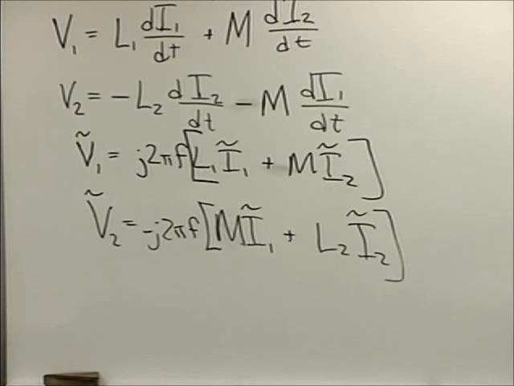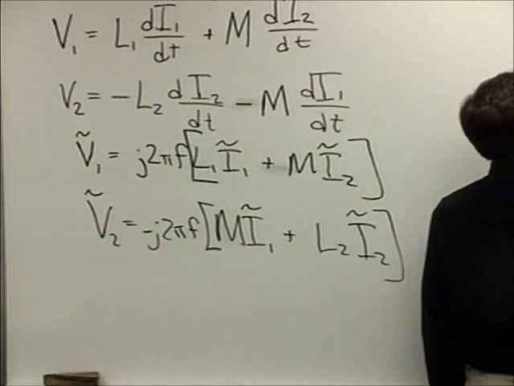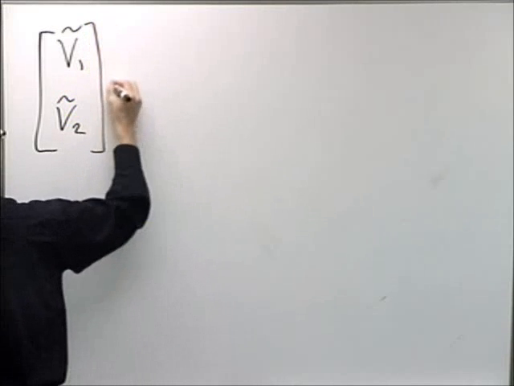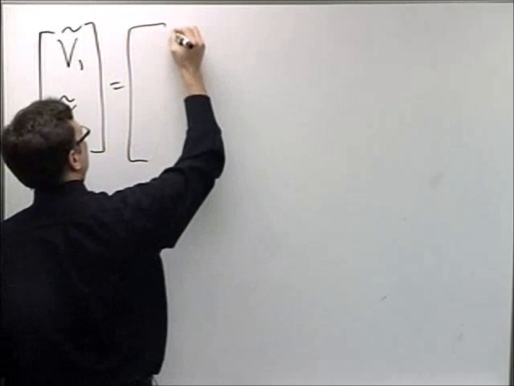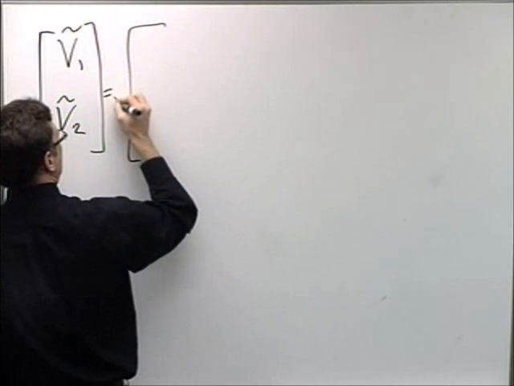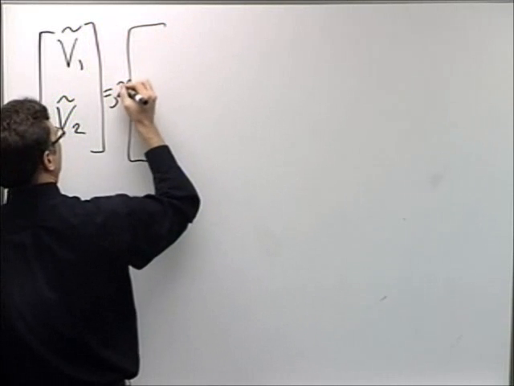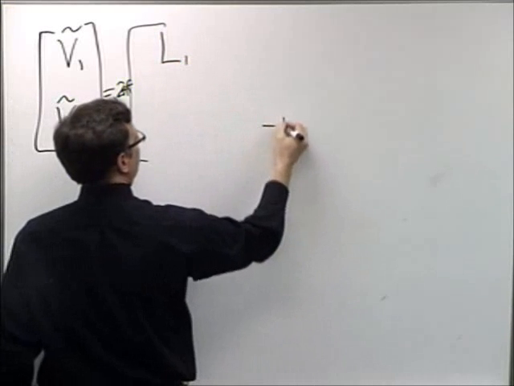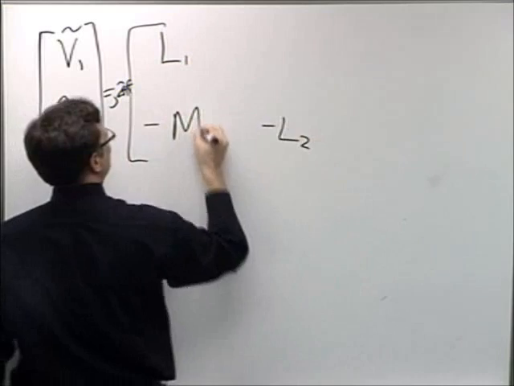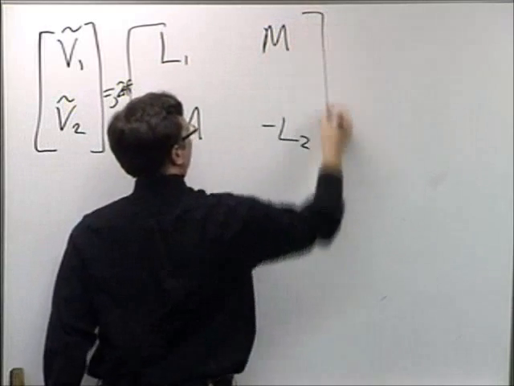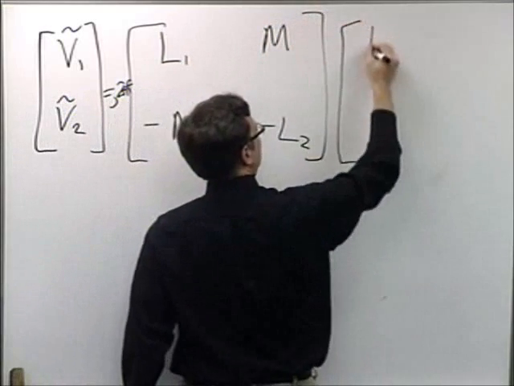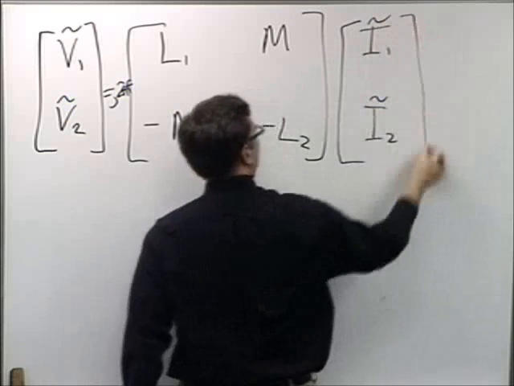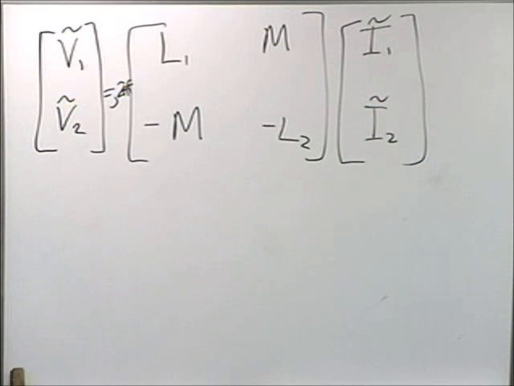You could say V1, V2 column vector is equal to a matrix j2 pi f scalar times the matrix L1, L2, minus M, plus M, operating on the quantities I1 and I2 vector. Oh, isn't that elegant?